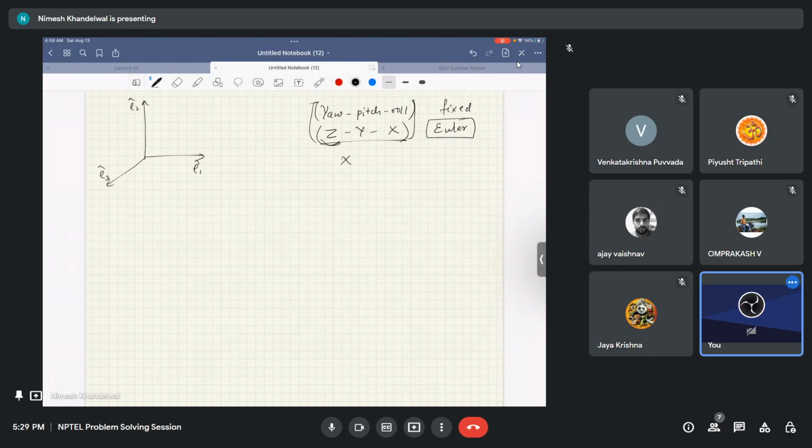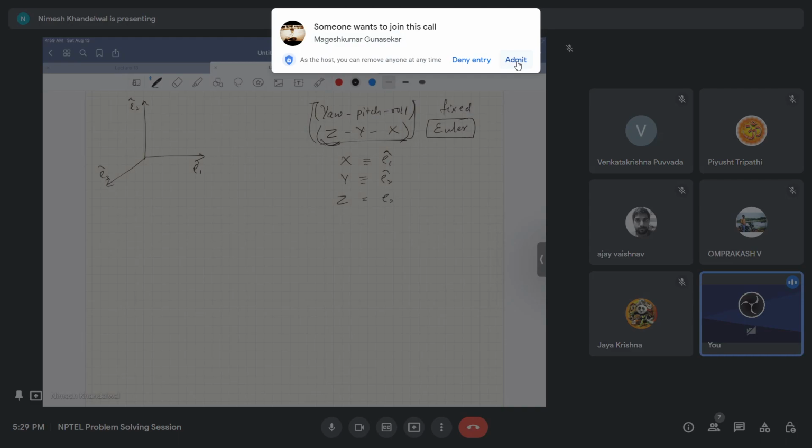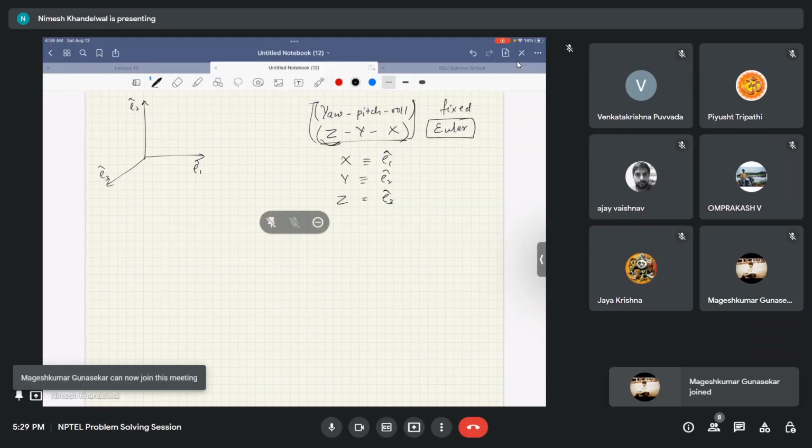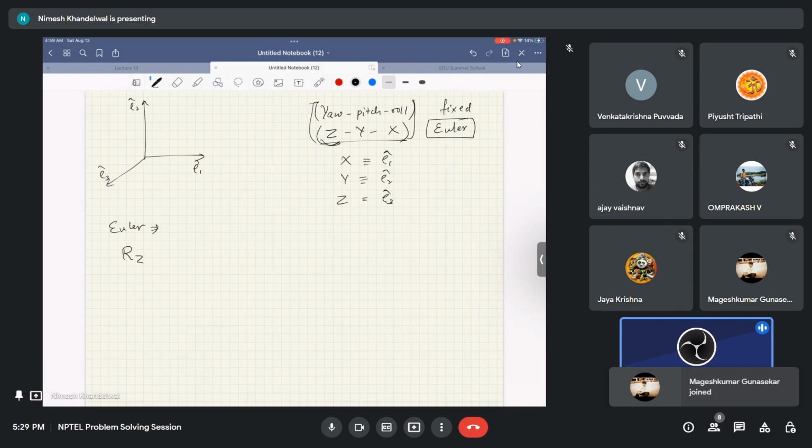In our case, X is equivalent to E1, Y is equivalent to E2, and Z is equivalent to E3. So what Euler says is that you first rotate about Z by, let us say, phi.